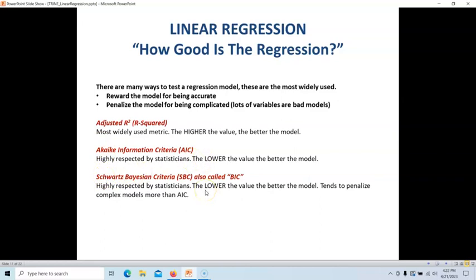They tend to be used more by pure statisticians. People in the corporate world tend to use adjusted R squared since it's easier to understand. The difference between these two guys is that this one tends to penalize complex models more than this guy. They all penalize complexity, but this guy is a little bit more of a penalty.